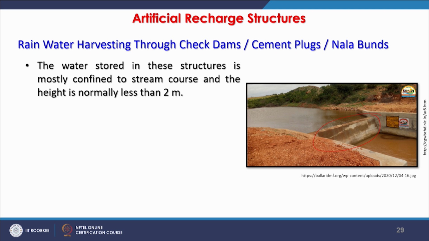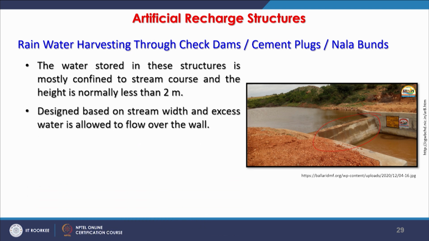So, water is stored in such check dams or nala bund structures, mostly confined to the stream course, and the height is normally less than 2 meter. If you keep that kind of height, there is not much pressure on the structures, and they will be sustainable for some time.